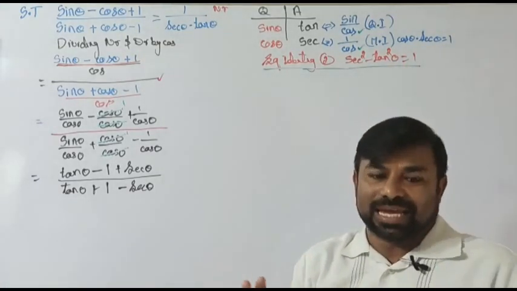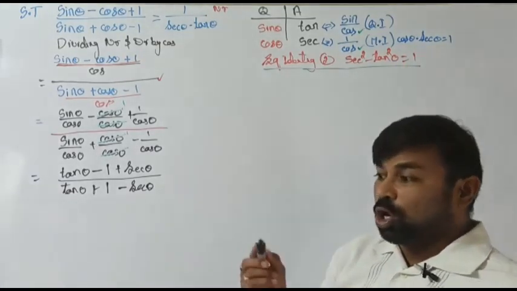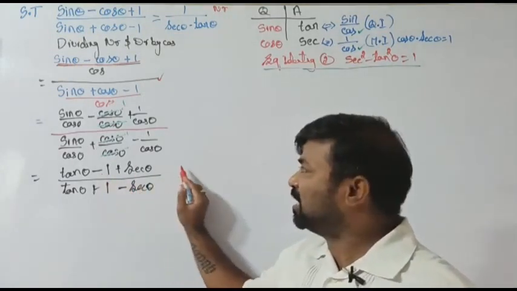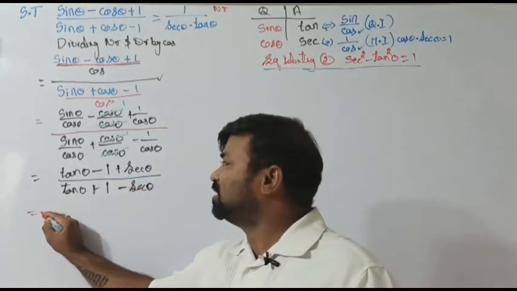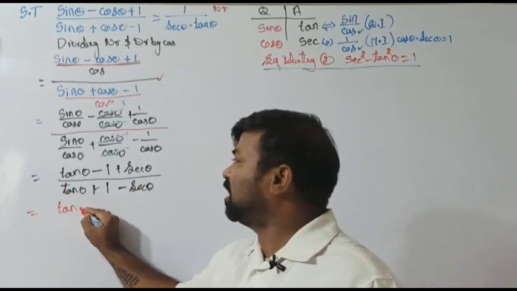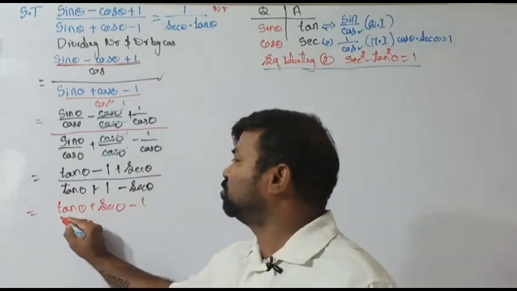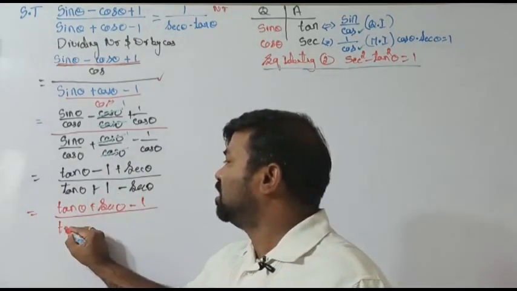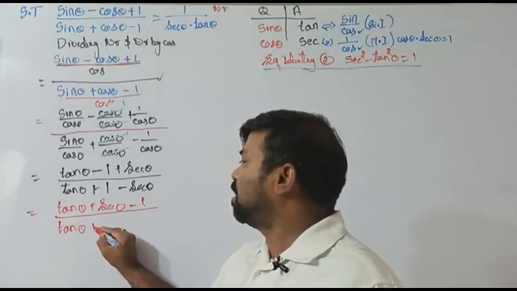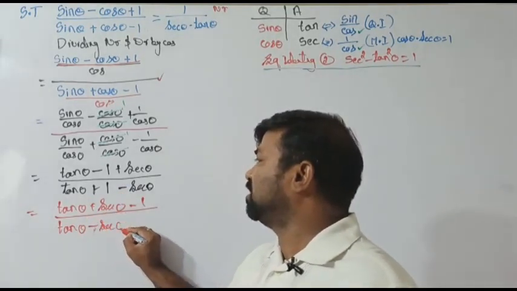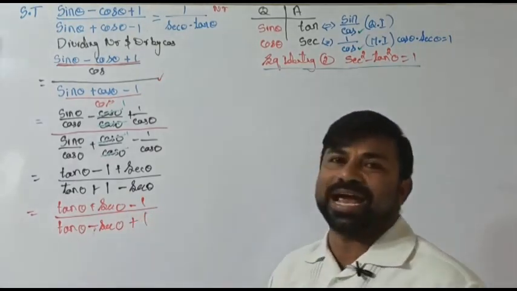So I'm still thinking like that. So we need to work on it. To make it simple, the minus 1 which is present I kept to the corner. So it is nothing but tan theta plus secant theta, the minus 1 I pushed to the corner. In the same way here, tan theta minus secant theta, the plus 1 I have shifted to the side.